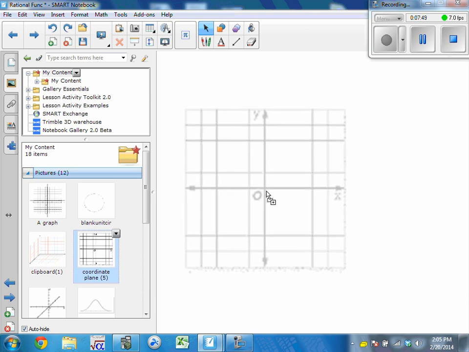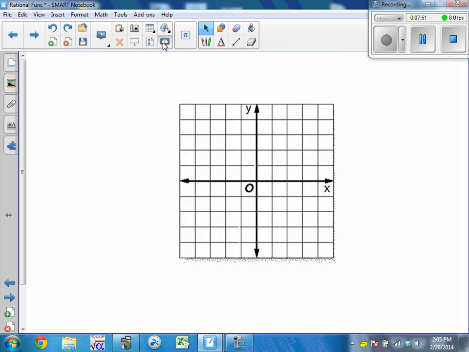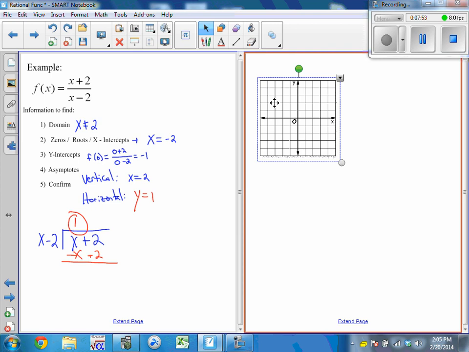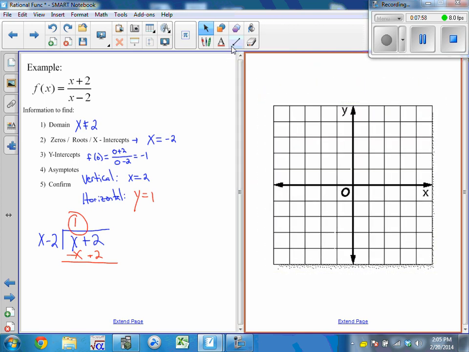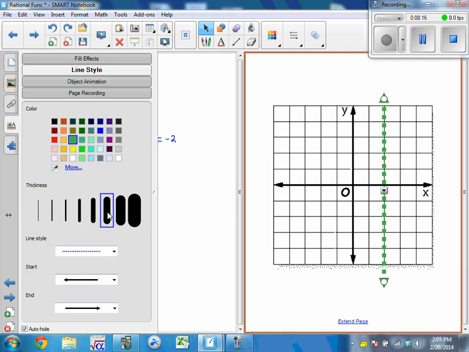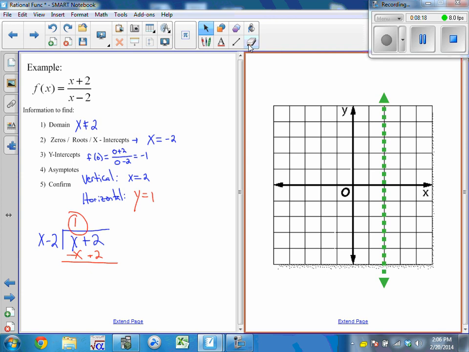So if we wanted to sketch a graph of this with this information, not using the calculator, let's think about what we could do. We could put a few things on our graph. We could say, well, we have a vertical asymptote at 2. And we have a horizontal asymptote at 1.